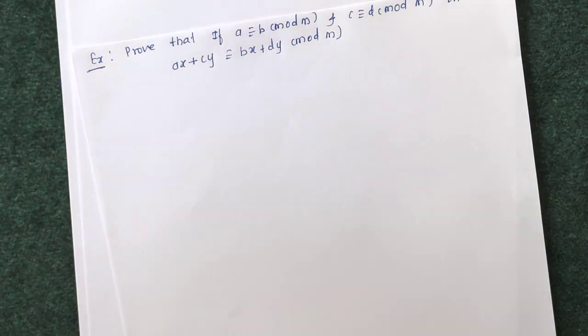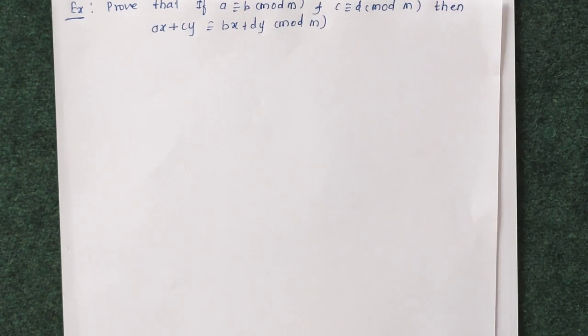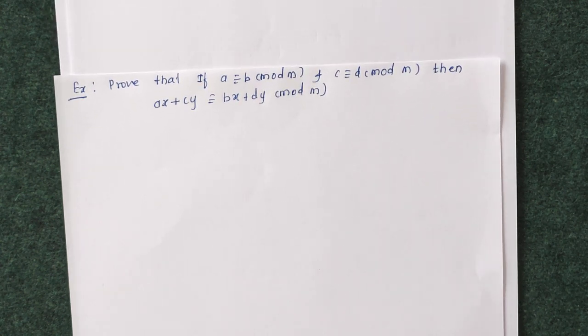A is congruent to B mod m and C is congruent to D mod m, then we have to prove that ax plus cy is congruent to bx plus dy modulo m.